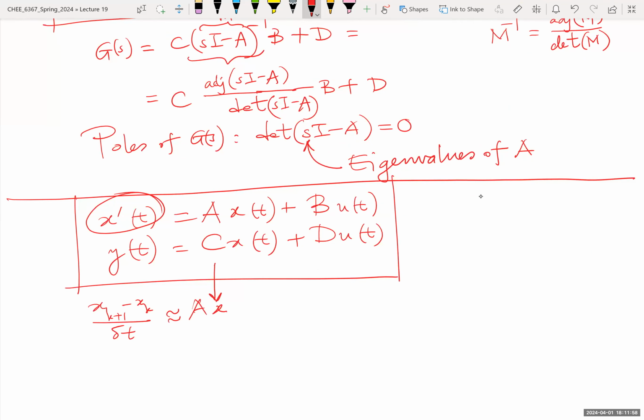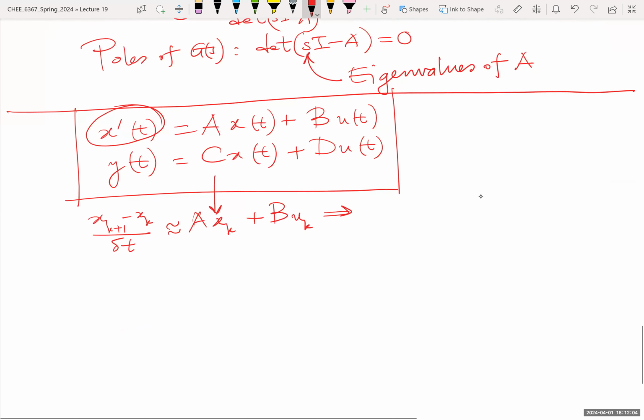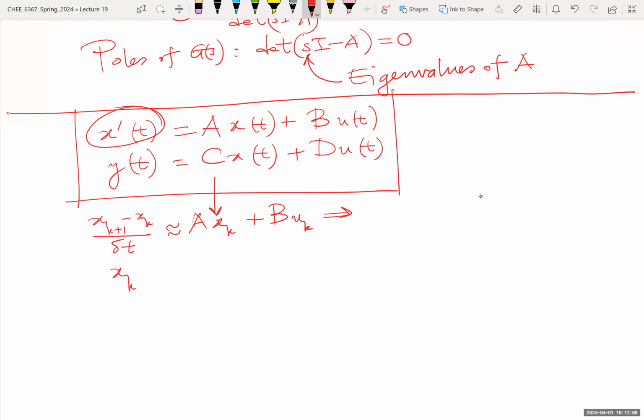A x_k plus B u_k, which means that approximately you have x_{k+1} is about (I plus delta t A) x_k plus delta t B u_k.